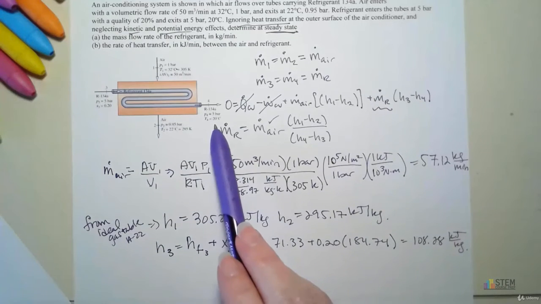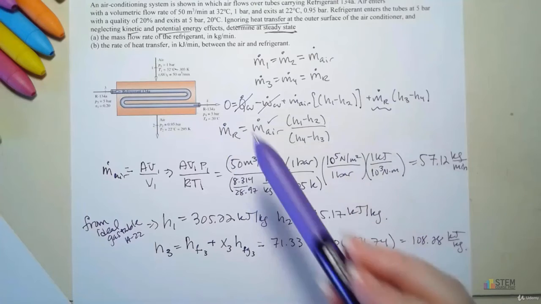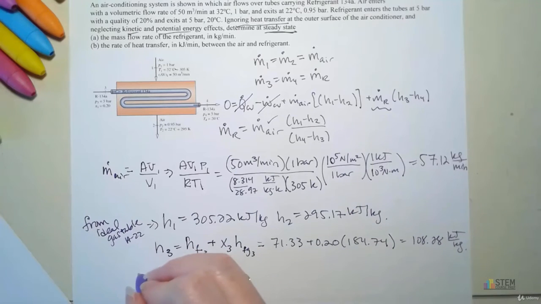We are above that, we're at 20, so that means we have superheated vapor. So go to the superheated vapor table, look up those values, so this pressure temperature combination, and then you can get H4.